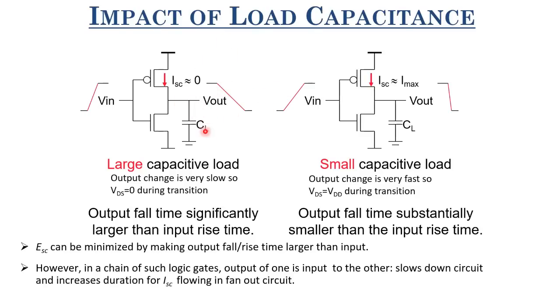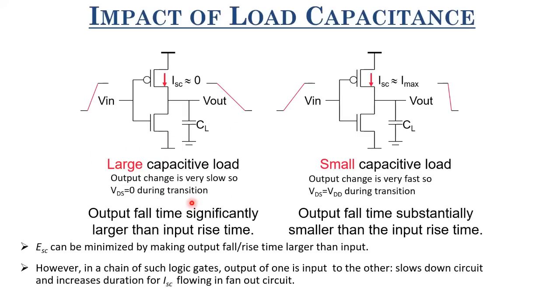So that simply means that you are slowing down the circuit operation, and you are increasing the transition time for the next stage of the logic. So if you're increasing the transition time, you're increasing the short circuit leakage for the next stage of the logic, right? So the short circuit leakage flowing in the fan out circuit is increased, and also you're making the circuit pretty slow. So these are two artifacts of using a large capacitive load.